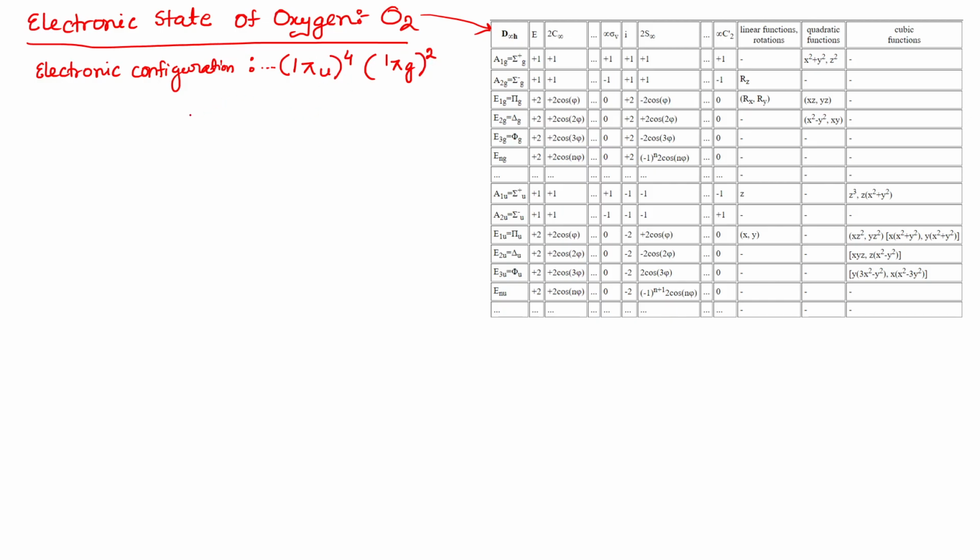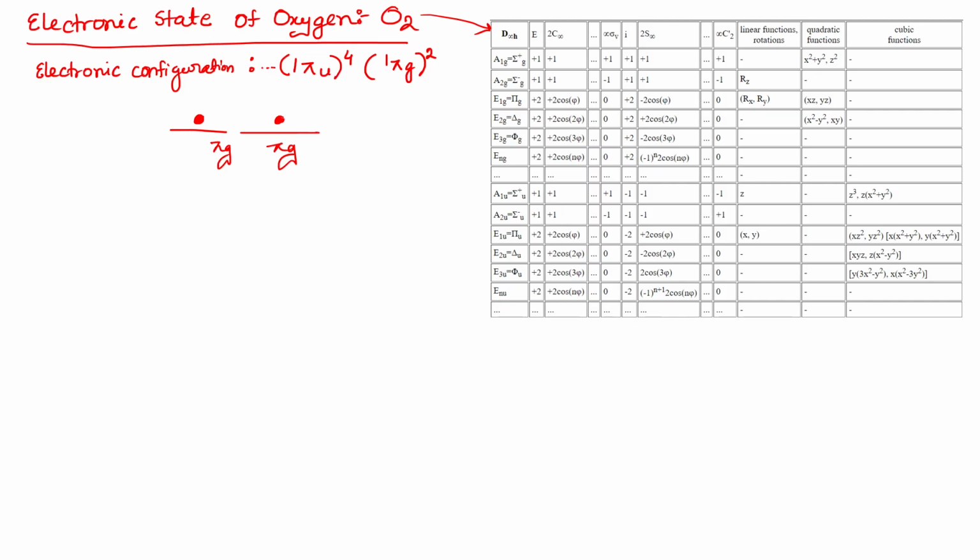These are paired. So what I'm trying to say is, this is pi g, and here are the unpaired electrons belonging to the same degenerate pi g molecular orbitals. Okay, so the MOs have their symmetry species as pi g.